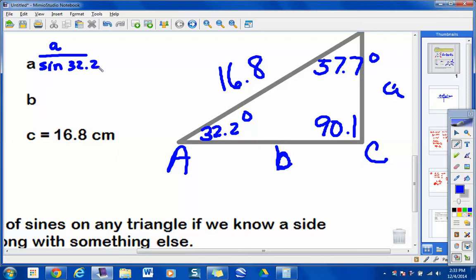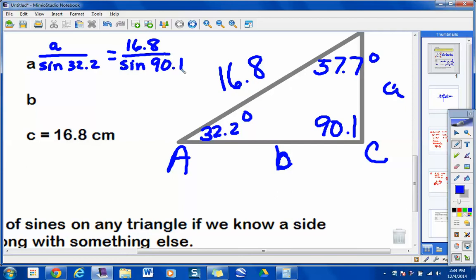Then we want to set this equal to the side and the angle that we know that match each other. So the little c that I have here, what's that distance going to be? 16.8 over sine of 90.1.